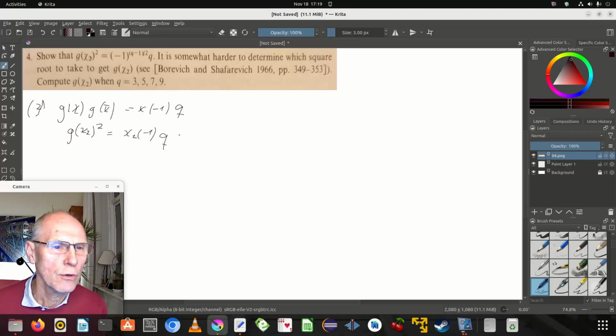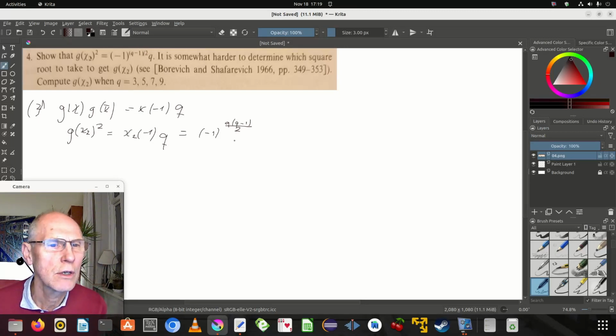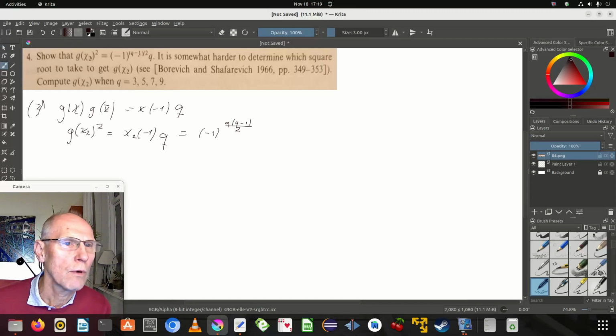And this is known to be minus 1 to q times q minus 1/2. I think that is the formula. No, just q minus 1/2. Well, that makes sense, by the way.